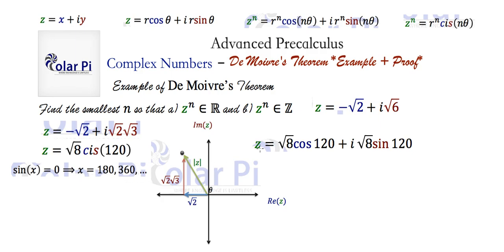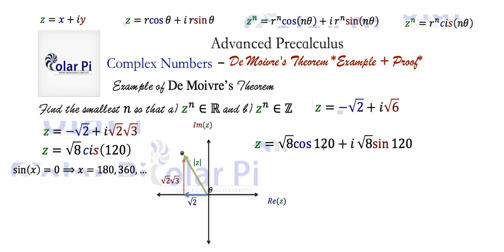The way z to the n works out, we multiply 120 by n, right? We can't really multiply 120 by an integer n and make 180, but we can multiply 120 by an integer n and make 360. That way, sine of 360 will be written here, and it will be 0, because sine of 360, like sine of 180, is 0.